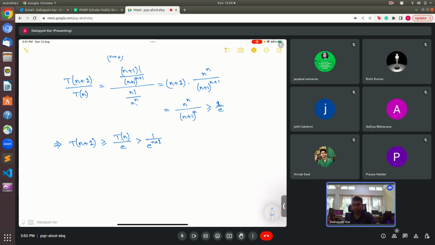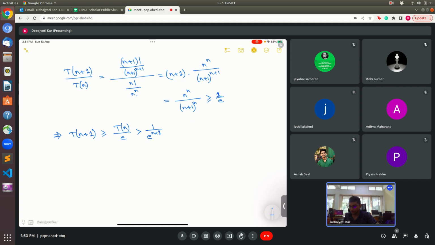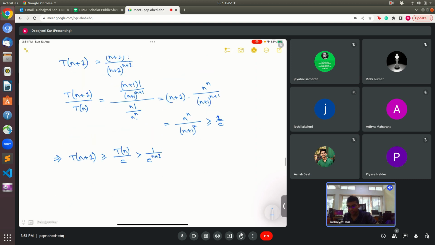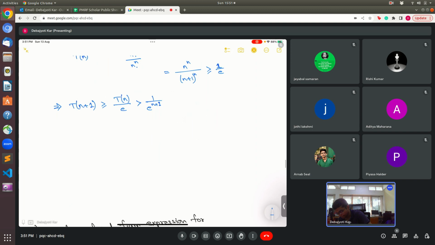Hence, by induction we are done. We have shown that n factorial is more than n by e whole to the power n for every positive integer n.